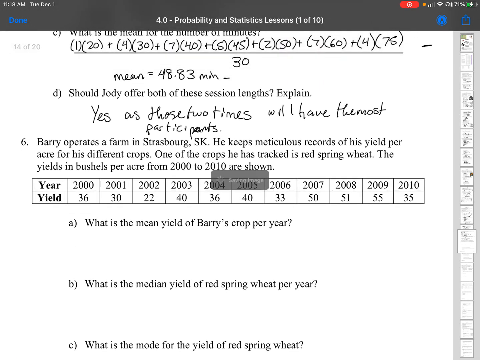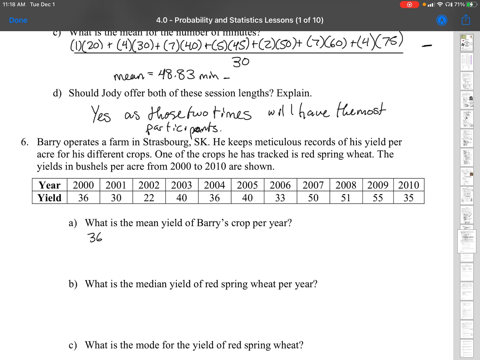There we go. Okay, so Barry operates a farm in Strasbourg, Saskatchewan. He keeps meticulous records of his yield per acre for his various crops. One of the crops he is tracking is red spring wheat, and the yield in bushels per acre from 2000 to 2010 are shown. We want to figure out what the mean yield of Barry's crop per year is.